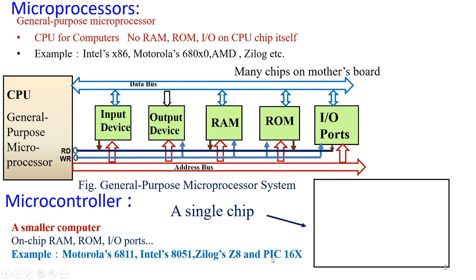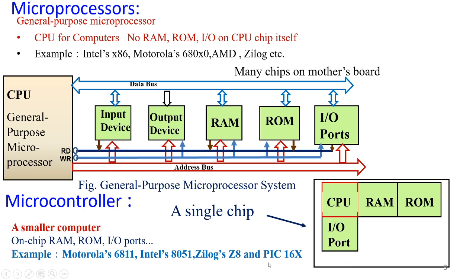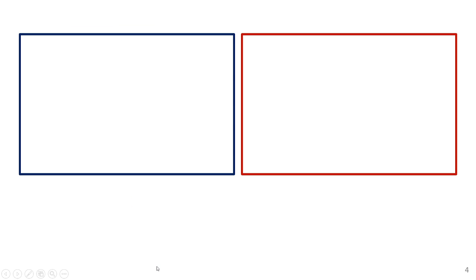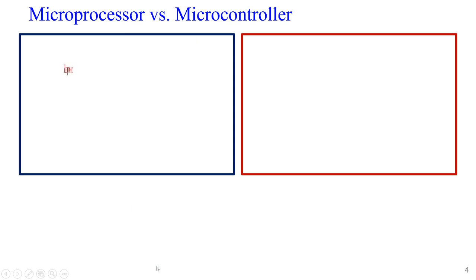A single chip consists of the CPU itself along with random access memory, read only memory, input output ports, timer and serial communication ports. All these are in a single chip or single IC, and that is why it is named an on-chip microcontroller.